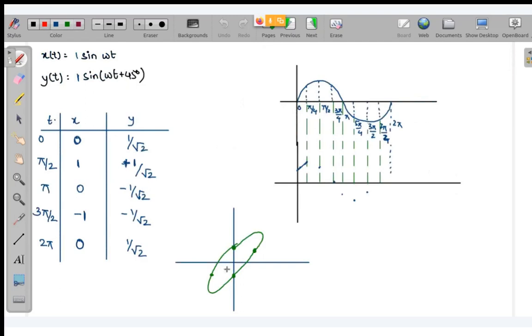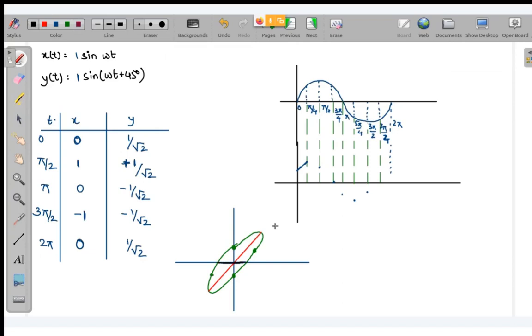Now here in my diagram, the ellipse is not that perfect. What is this red color line?